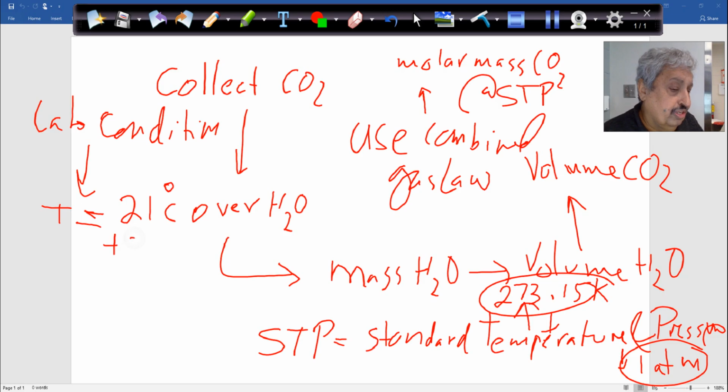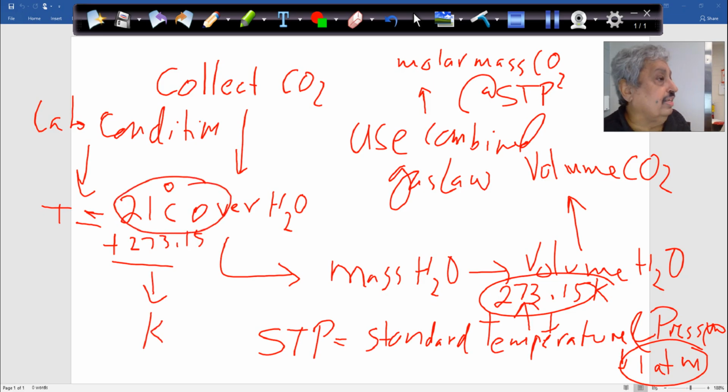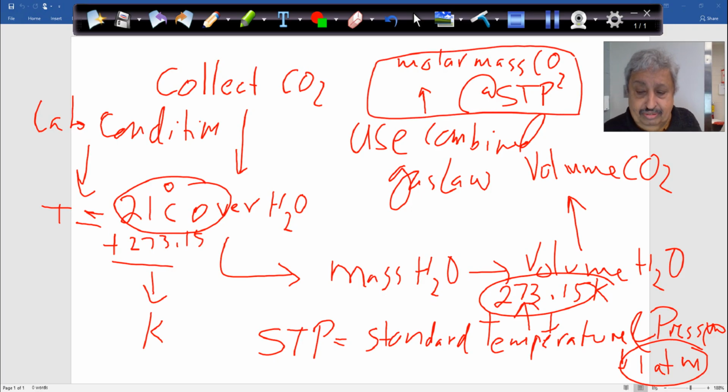You will add 273.15 to it to convert it into Kelvin. This is the local condition we did our experiment in, correct? But we need to get the molar mass at STP. So this is STP, that's combined. This is the pressure here. You'll measure, I think it's 0.98 something, close to 1.